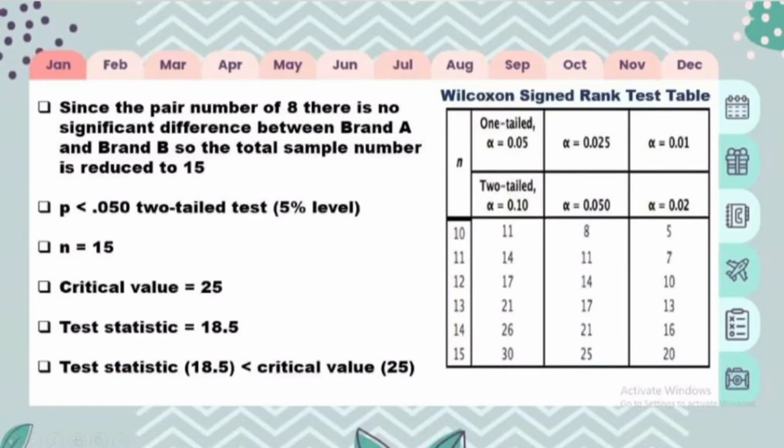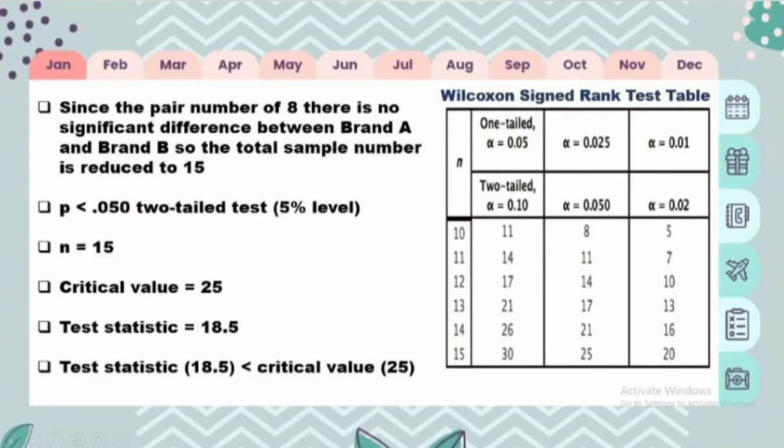After that, we look at the Wilcoxon signed rank test table to find the critical value. Since the pair of A and B with no difference is excluded, the total sample number is reduced to 15. So we choose alpha 0.050 for a two-tailed test from the table, as this question requires a 5% level, and choose the total sample, which is 15.